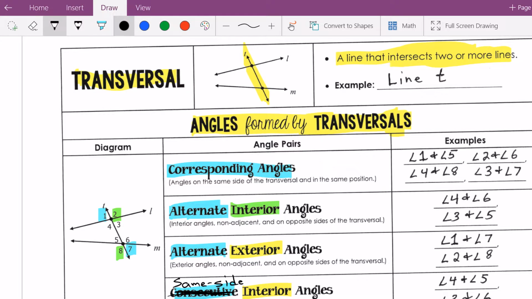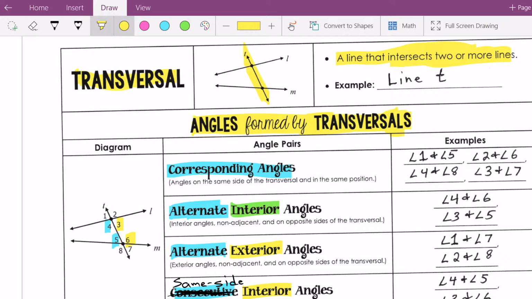While alternate was on the opposite sides, same side means they're on the same side. If we're looking at this picture, we're only worried about the ones in the middle and on the inside. So 4 and 5 would be same side interior angles. We also would have 3 and 6 that would be same side interior angles. Again, inside, same side is same side interior. Or you can call it consecutive interior. Either way will be the same.